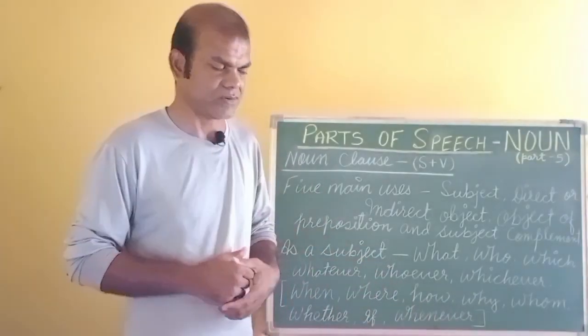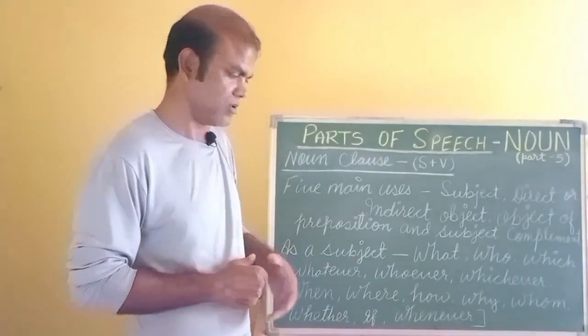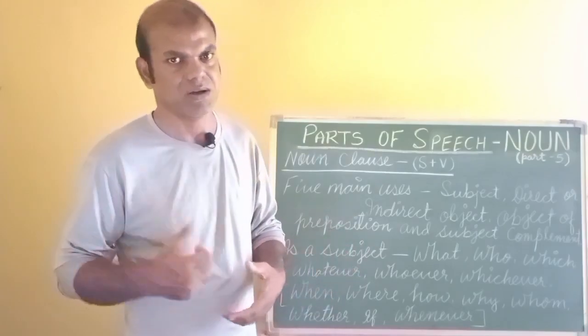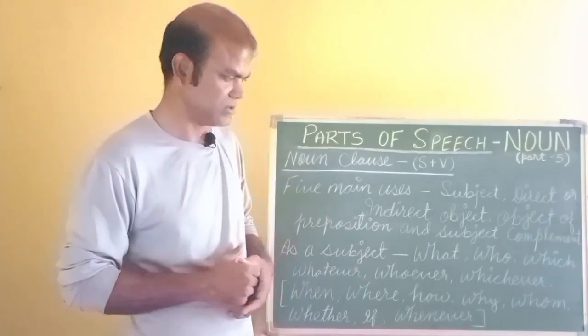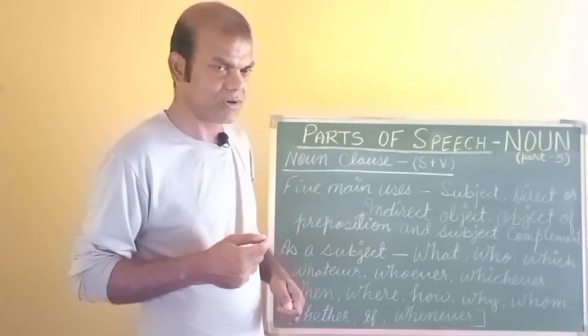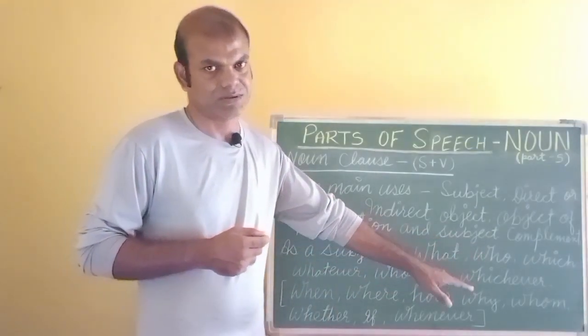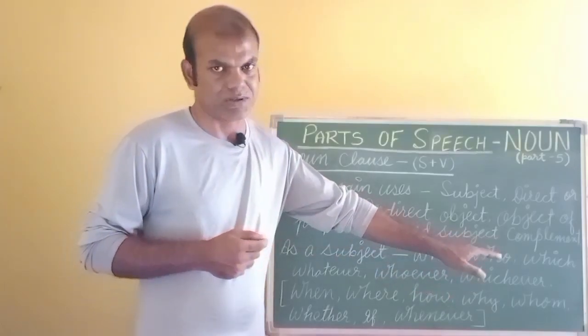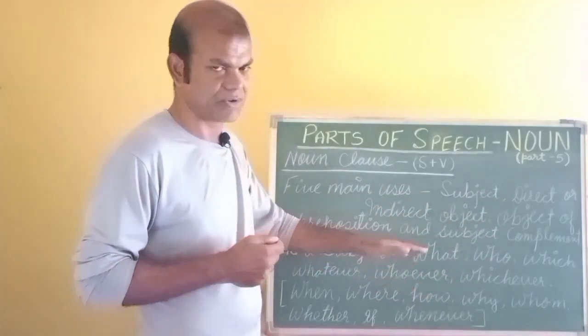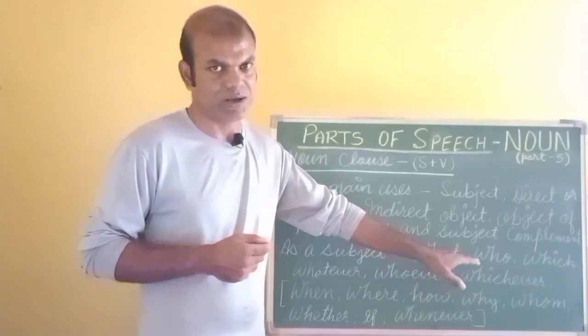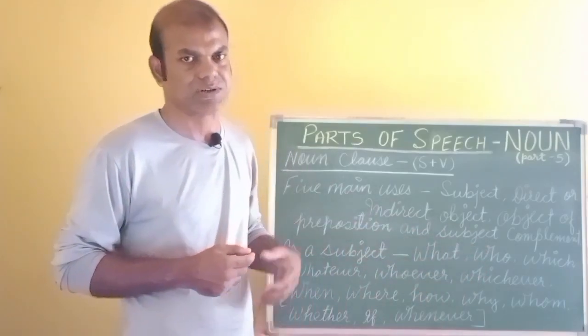These conjunctions can form the noun clause or they can join the noun clause to another clause or other words. Now you have to notice all these conjunctions are question words. What, who, which, these are the WH words which are known as question words.